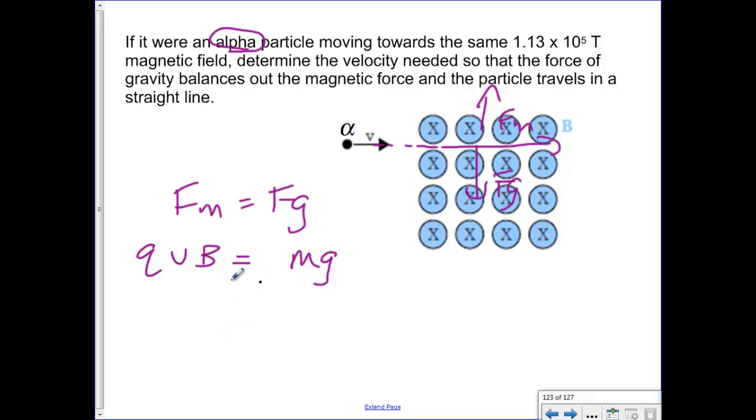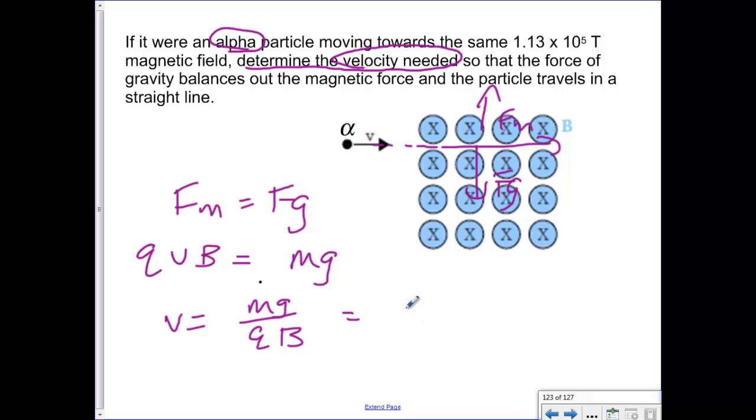So what are we looking for again? We're looking for velocity. So V equals mass times gravity over charge times field strength. We're looking to determine the velocity needed so that gravity balances out magnetic force and it can go in a straight line.